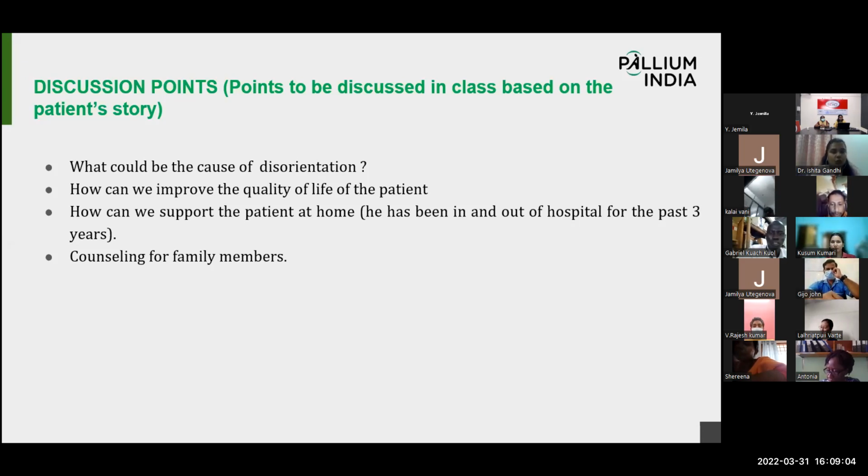They should know. Assessment of all their physical symptoms. Yes, Chitra says creating awareness among the family members about the disease, treatment and prognosis, plan meeting with the patient timely, and also the causes of some of the drugs that cause delirium.